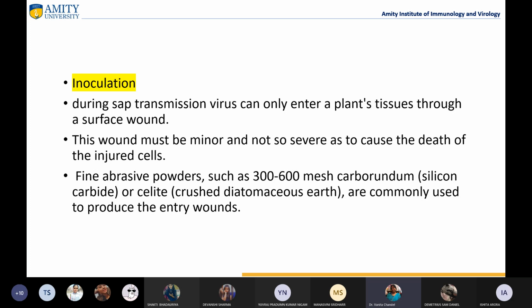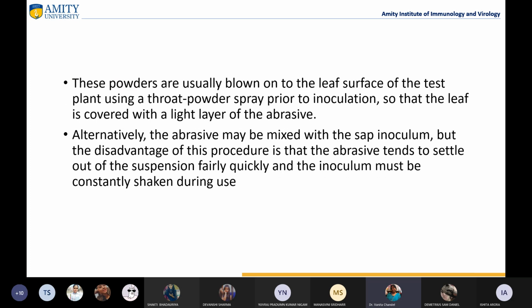We need a very small amount of this kind of powder, and abrasion is made, right? These powders are usually blown onto the leaf surface of the test plant using a powder spray. Certain kinds of spray can be done prior to inoculation. The powder will settle on the plant and cause minor abrasions, covered with a light layer of abrasive.